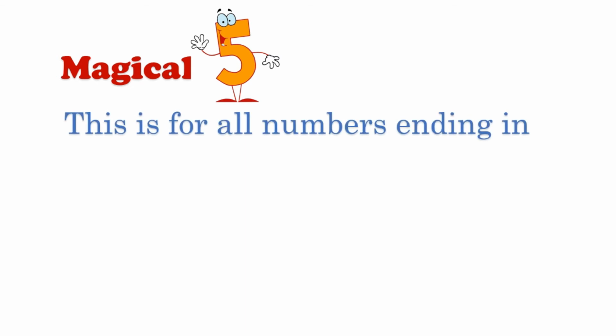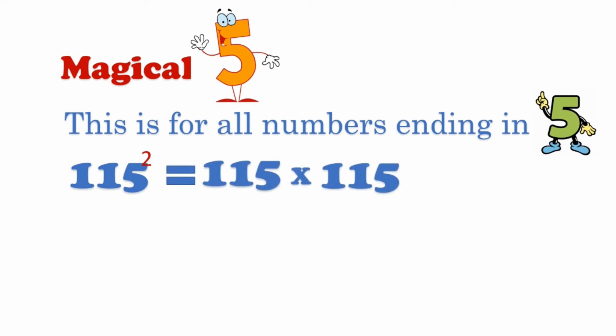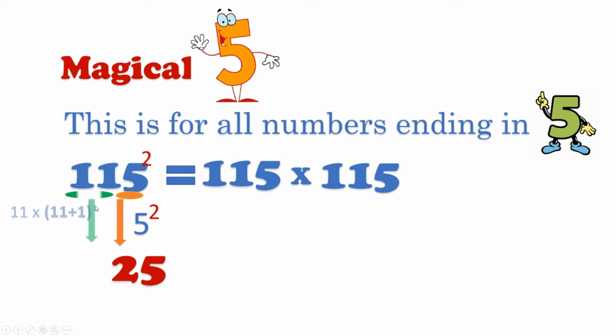Let's try a little bit tougher thing in our magical 5 sequence, which is the number ending in 5, that is 115 square. This is tough. Are you confused? Well, don't be. 115 square is equal to 115 times 115. What do we do? The same rule. Look at the ones place, needs to be 5. Make the square of 5 and park it aside. Now look at the tens place, which is 11 tens, right?